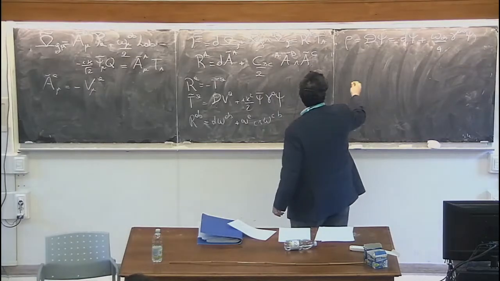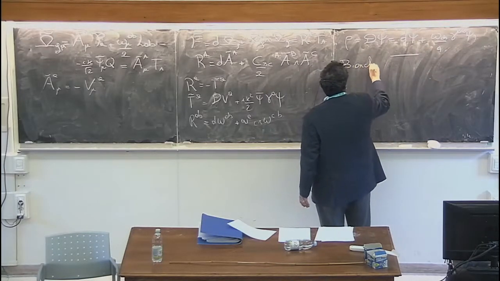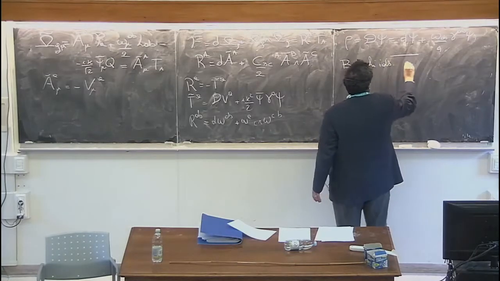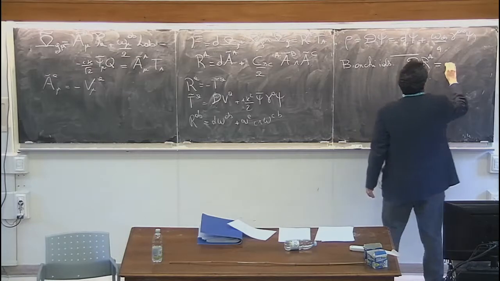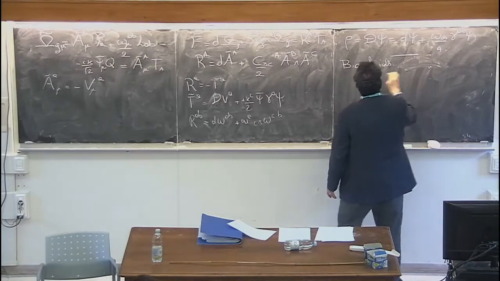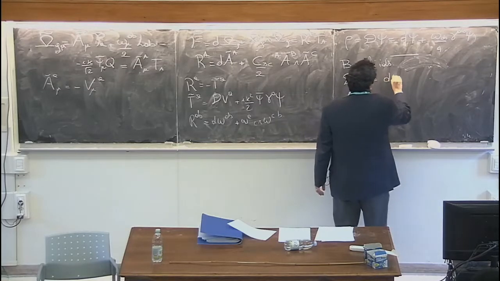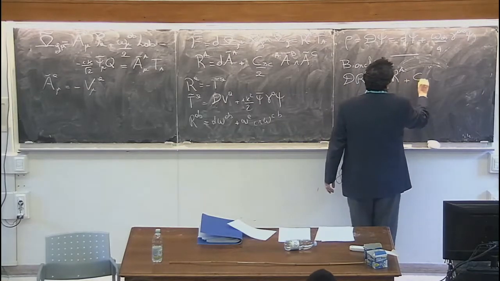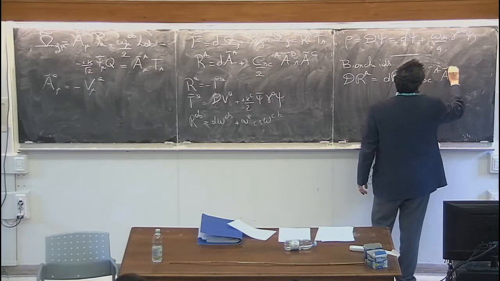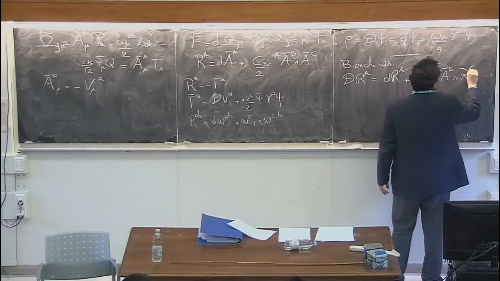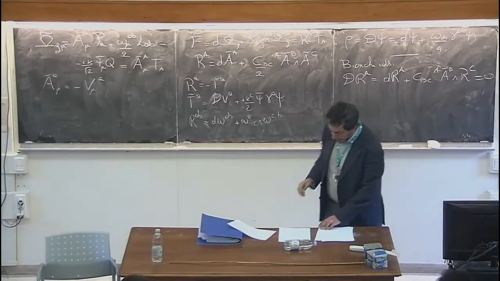We also have the Bianchi identities, namely dRA plus CBCA A tilde B wedge RC, and that's equal to 0, from general arguments.